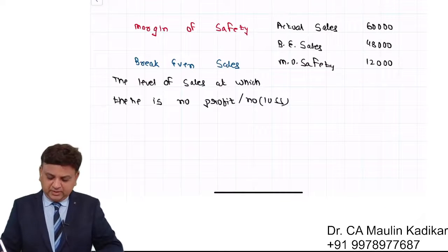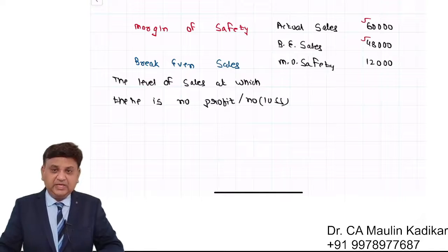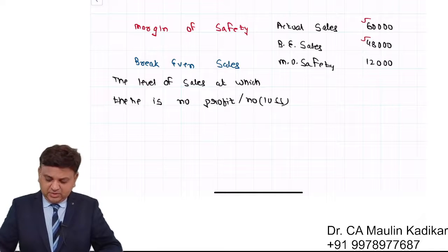So coming back to the point, let us say that the actual sales is 60,000, break-even sales is 48,000, and margin of safety is 12,000.